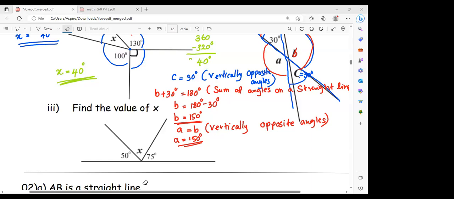Angles on a straight line segment. The sum of the angles on a straight line segment equals 180. Okay, so you can use this.